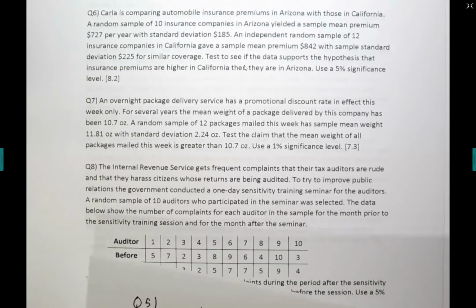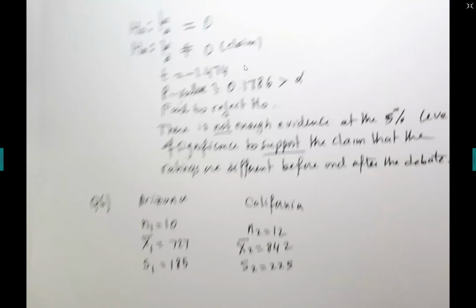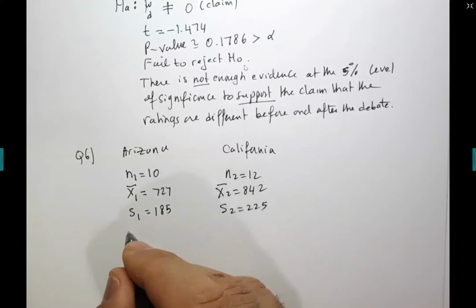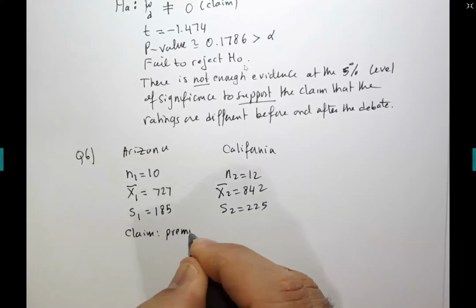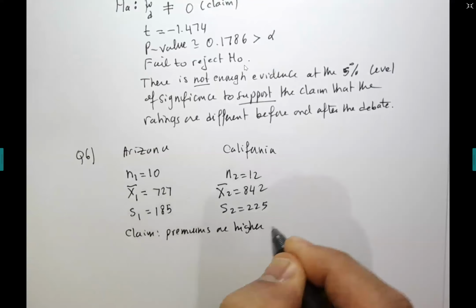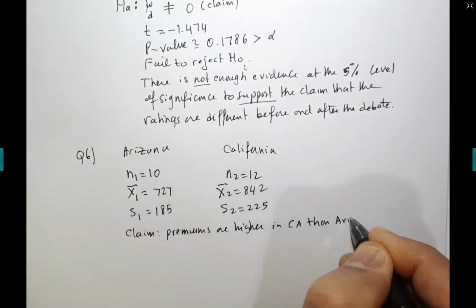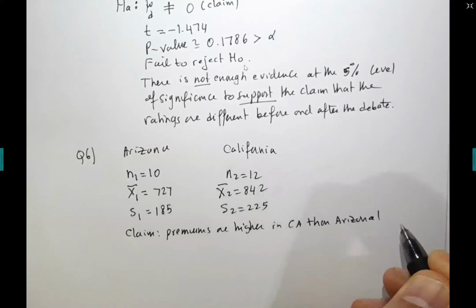And what's alpha here? At 5%. So the claim is premiums are higher in California than Arizona. That's the claim. Okay, guys.